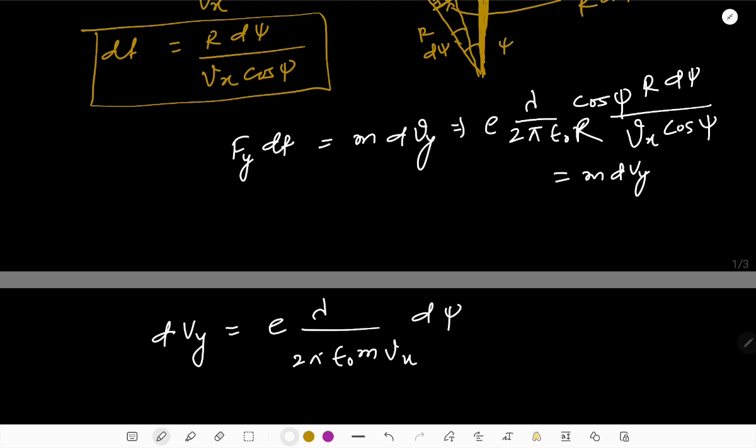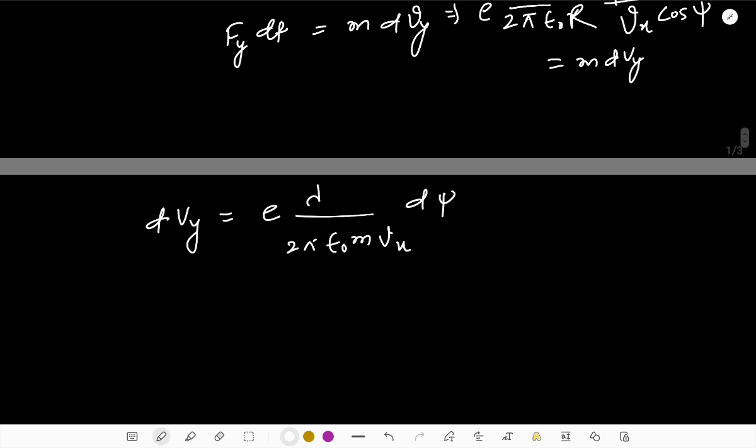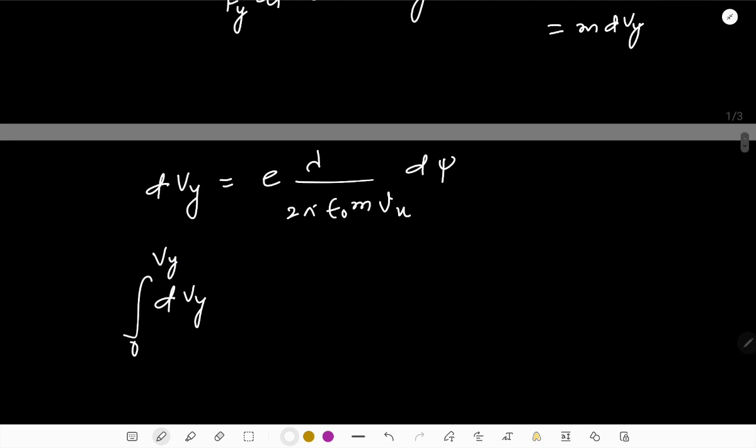Well, this is a relation in differentials, so we should integrate this. dVy was initially 0 and it had just got into Vy, and now too many things are going out from the integration symbol, almost all of them except the d psi.